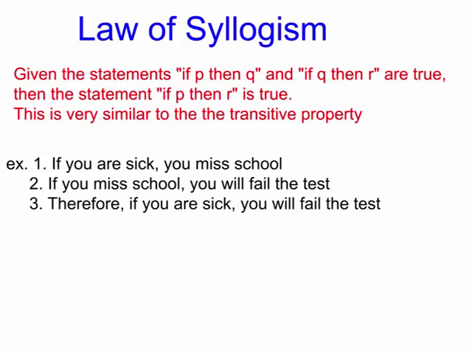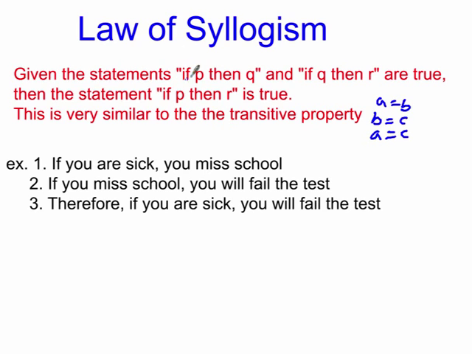And our third law is the law of syllogism. The law of syllogism is very similar to the transitive property. If you remember the transitive property, it said if A equals B and B equals C, then A equals C. The law of syllogism is pretty similar.